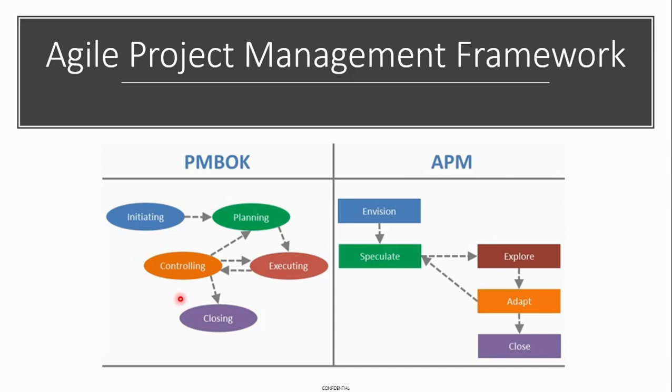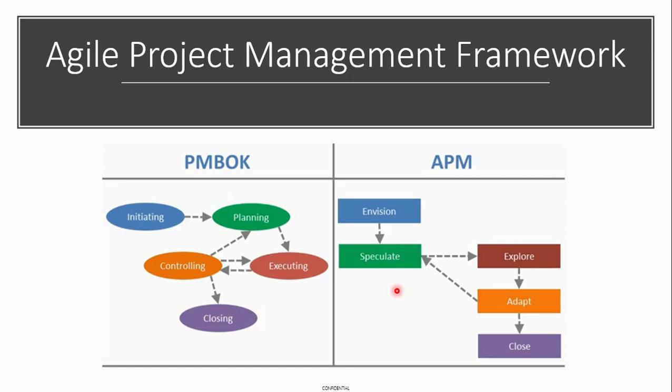So these things we are now well aware of. In Agile project management, they are already in the project management framework at the PMI. They are mapped, each and every element, into the Agile project management phases.